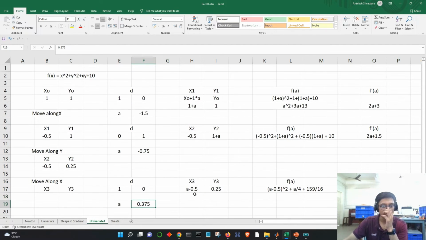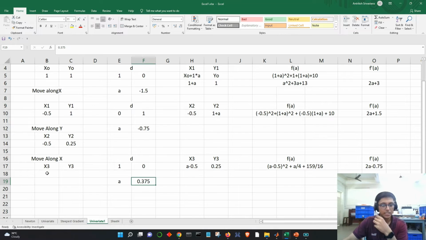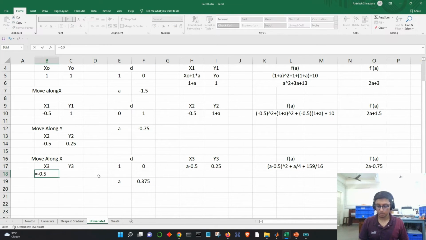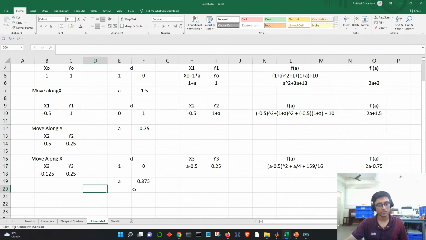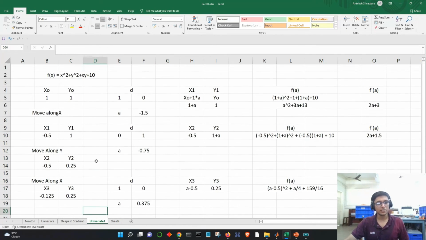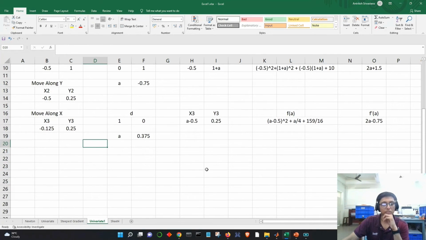So our x3 and y3 will be minus 0.5 plus 0.375, that is minus 0.125, and 0.25. So y will remain the same. We can plot now itself.